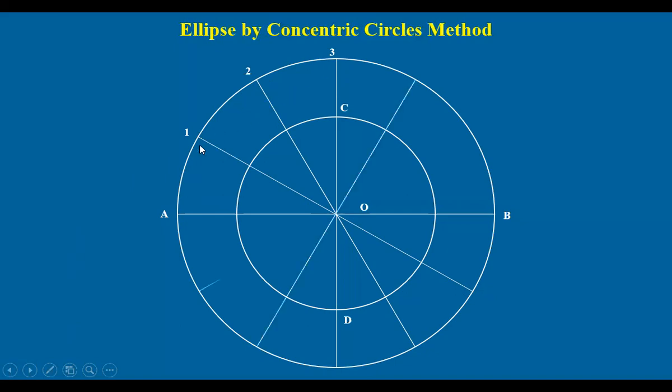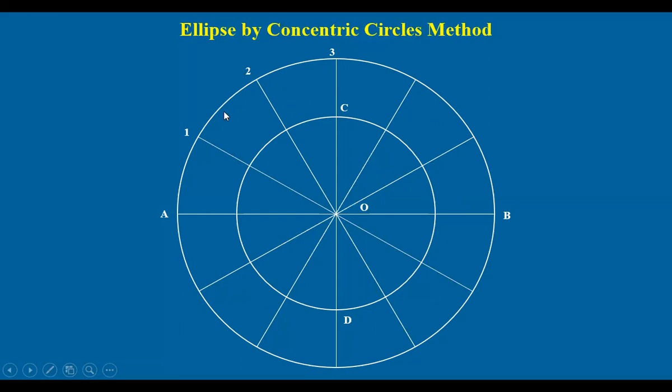You can do the same procedure for all the remaining 2 quarters also. So here, what we have done is we have drawn the diameter lines and divided the circle into a number of equal parts. 12 parts we made here.